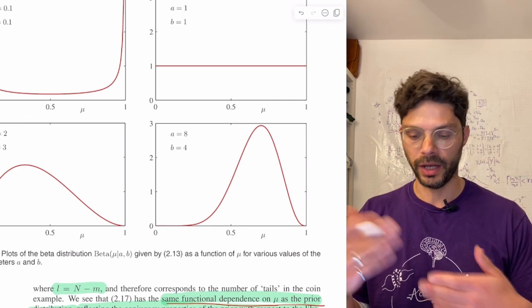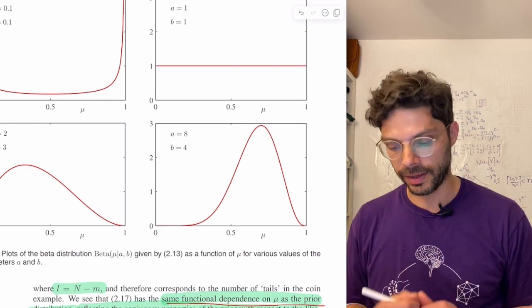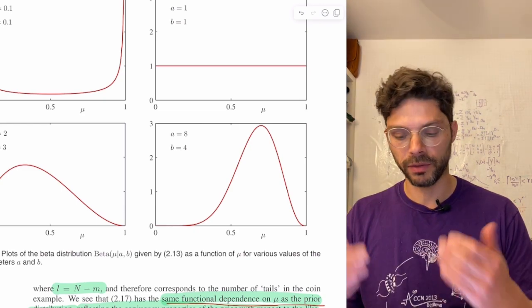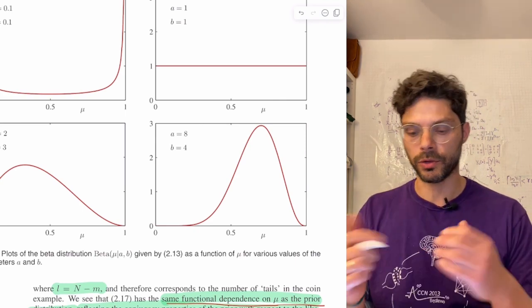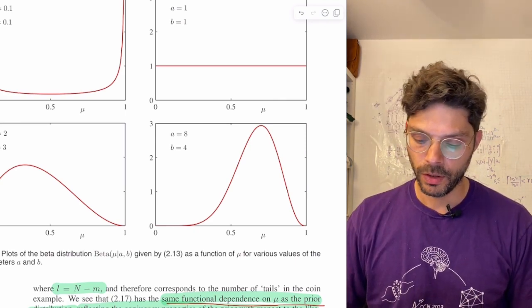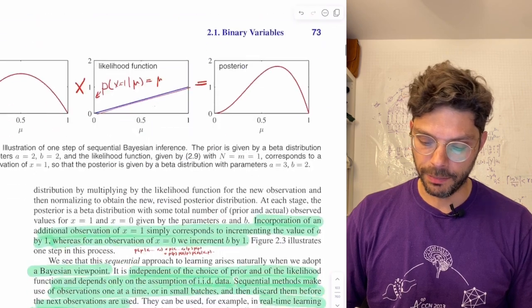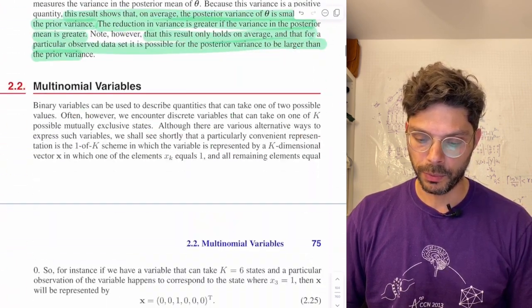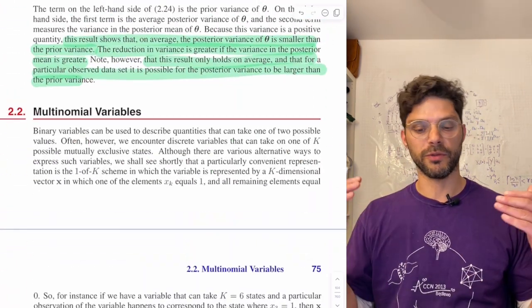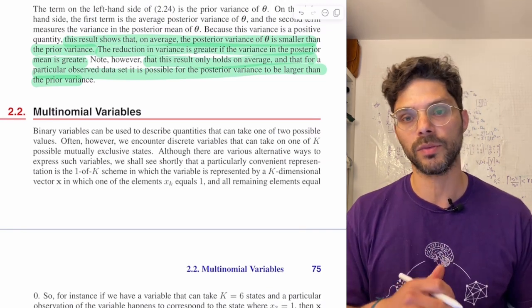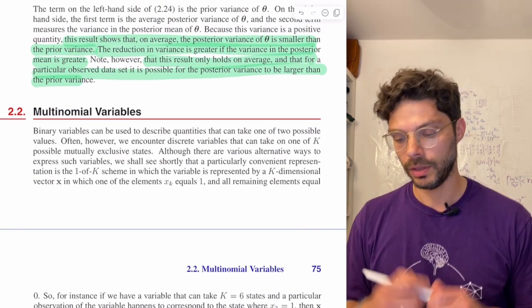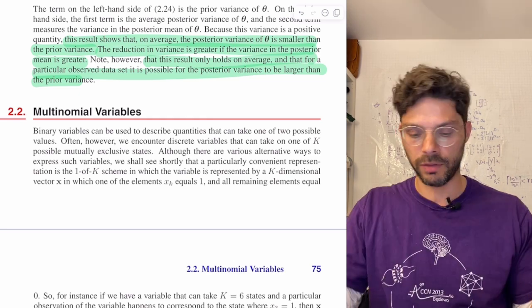So you get this really nice updating effect as you observe new data. It leads into ideas of sequential estimation, etc. So that's the end. Next time we will continue, and we will go on to multinomial variables. We've just discussed binary variables. What happens when the variable can have k discrete values?